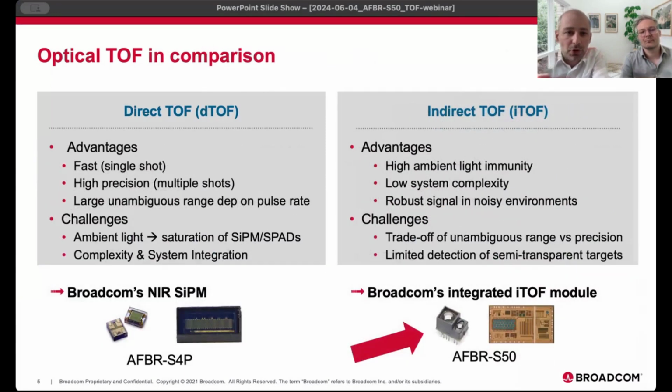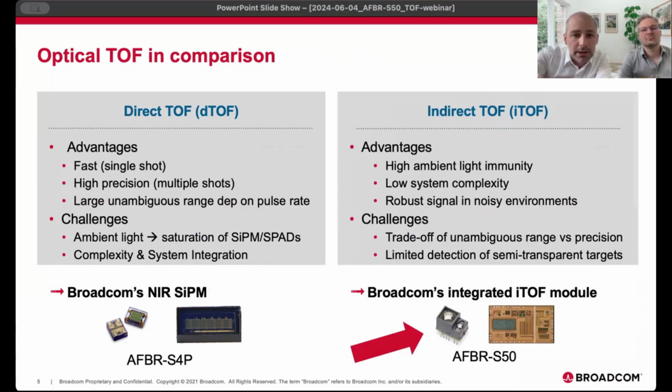Of course, there are advantages and disadvantages or challenges for both methods. So for the direct time of flight, they can be very fast for single shots. So we were talking about these 5 nanoseconds pulse shapes. They can be very precise, but only if multiple pulses are emitted and detected by the sensor.